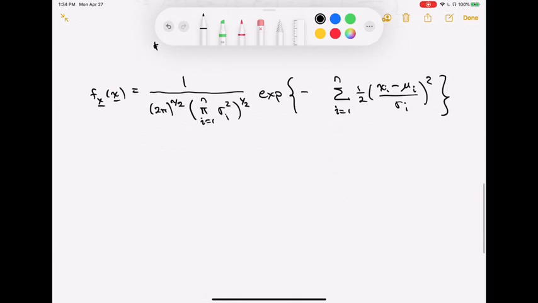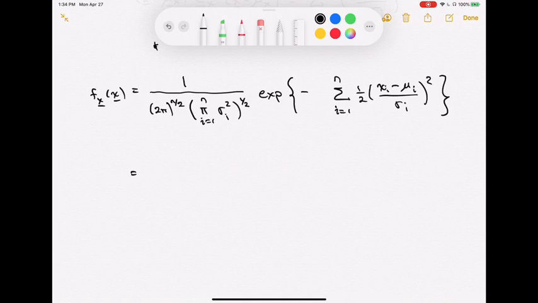Okay, well, we have here a way of breaking this up as well. An exponent of a sum can be written as a product of exponentials. And for each one of those n terms in that product of exponentials, we can steal one of those 2π to the 1/2 and the corresponding σi squared square rooted as well.